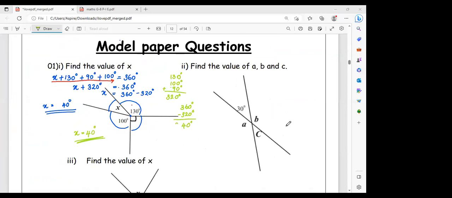Find the value of A, B, and C. Draw the figure. Here we have to use two different relationships to find the answer for A, B, and C.